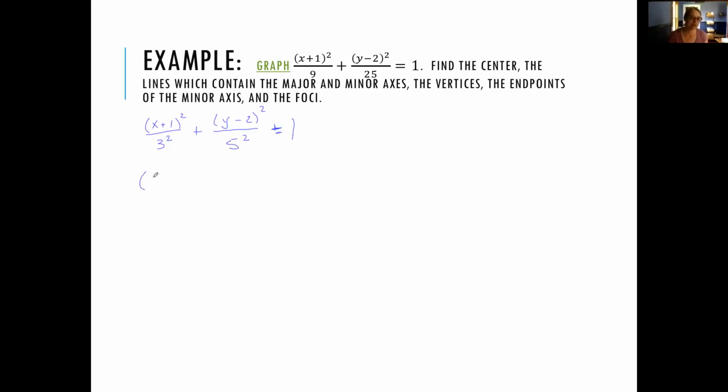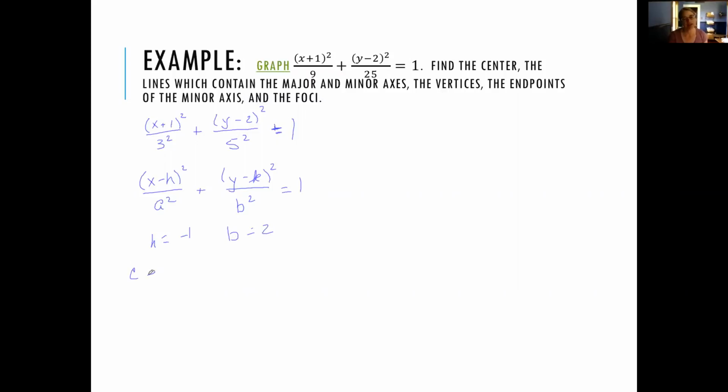I did that because I want to compare that to my standard form, which is (x - h) squared divided by a squared, plus (y - k) squared divided by b squared equals 1. So I know h is -1, k is 2.